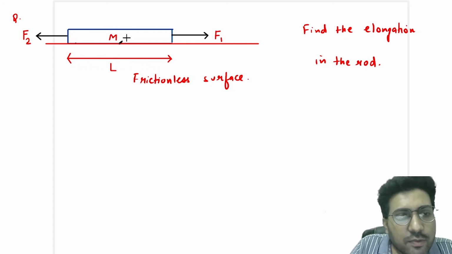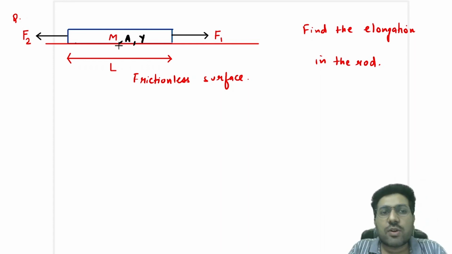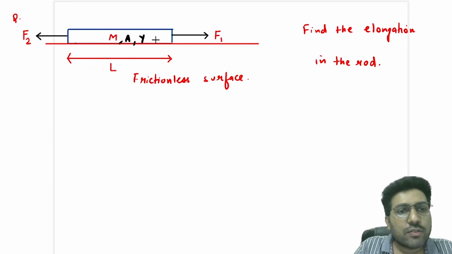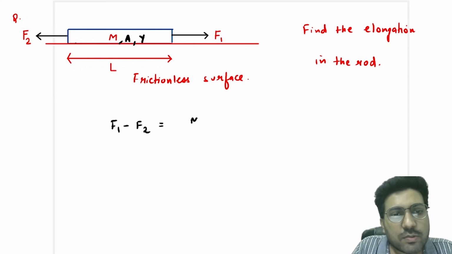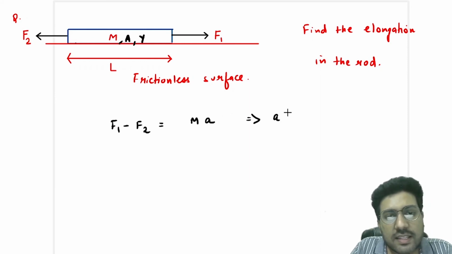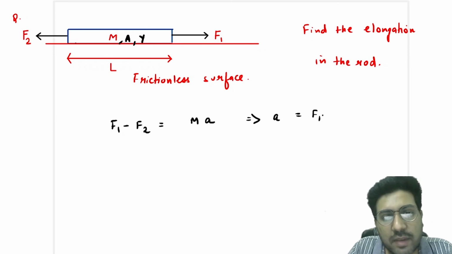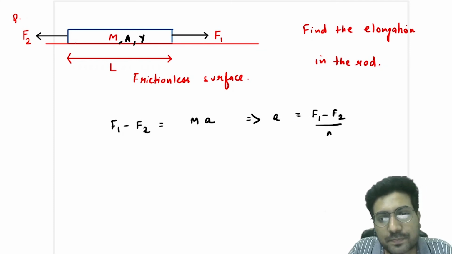Suppose the area of cross section is A and the Young's modulus of the material of this rod is Y. Now by applying Newton's second law, you know that the net force on this is F1 minus F2. So you will write F1 minus F2 is equal to mass into acceleration. So from this you will get the acceleration of the rod as F1 minus F2 by m.